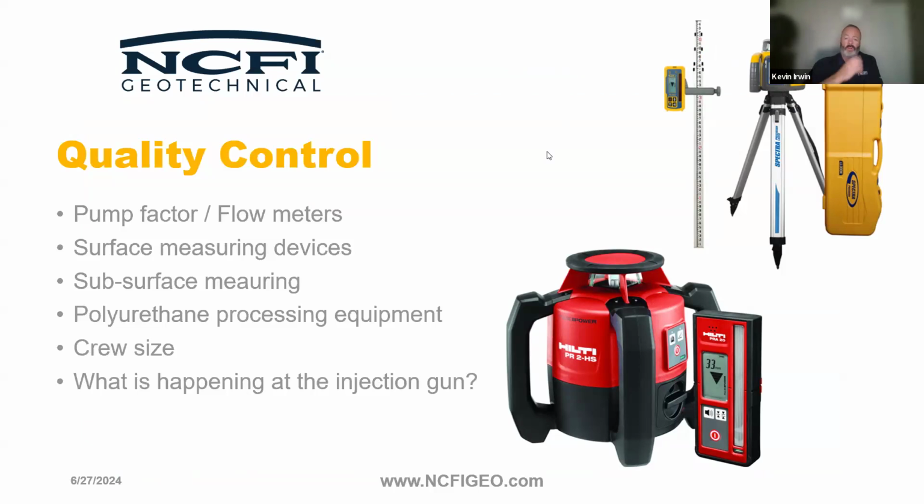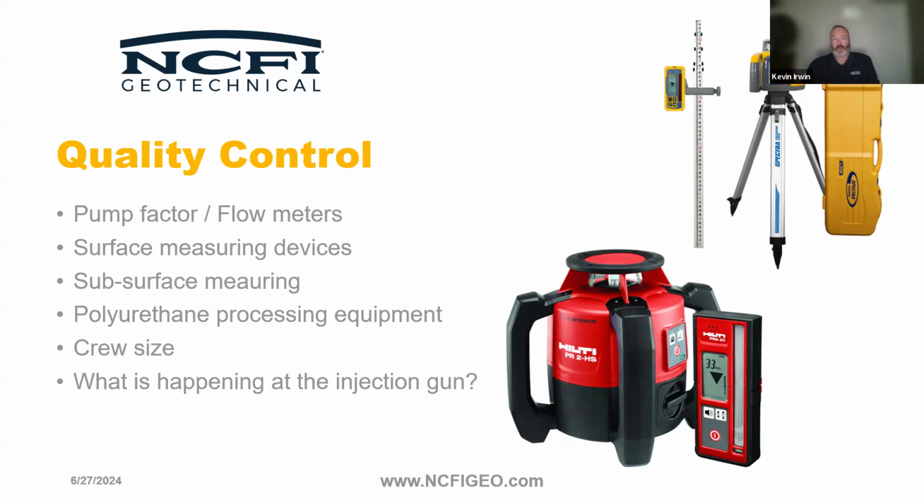So for quality control, we mentioned laser levels, but there are other things. How do I know how much chemical I'm putting in at a time? There are the proportioner pumps that we use to properly heat, pressurize, and mix the polyurethane foam, the chemicals that make the polyurethane foam together.